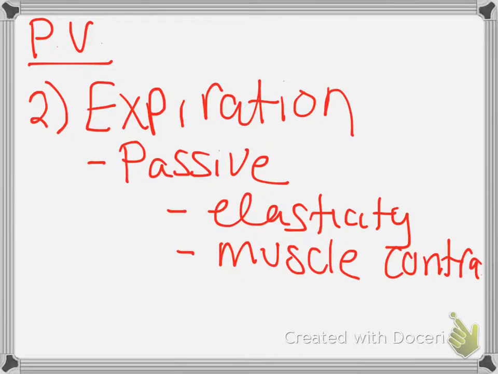And so as the volume decreases, the pressure is going to rise because our lungs are relaxing. They're going into their natural resting state. And so the intrapulmonary pressure is going to rise slightly above atmospheric pressure by approximately 1 millimeter of mercury.